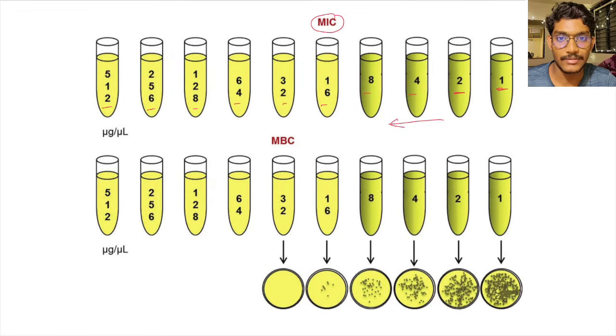As the concentration of the antibiotic gradually increases, you can see here at the concentration of 16 mg per ml there is no visible growth. Therefore the MIC value is 16 mg per ml. Till 8 mg per ml there was growth, but when the concentration becomes 16 mg per ml there is no visible growth.